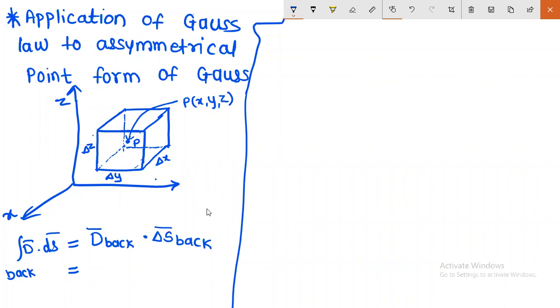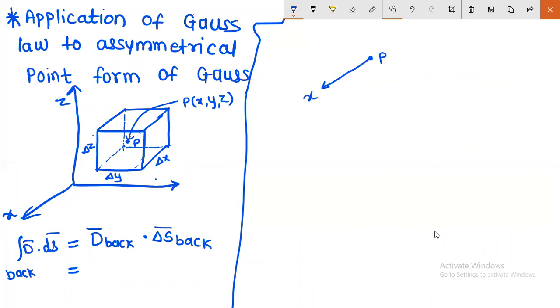Why positive? For the front side I took plus A bar x. Why did I take it? Just concentrate here, because here is point P. When you are coming to the front side, you are coming in the positive x direction, right?